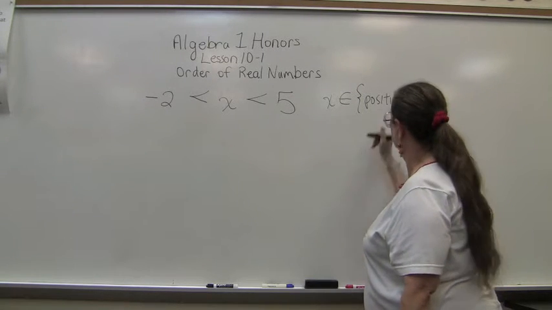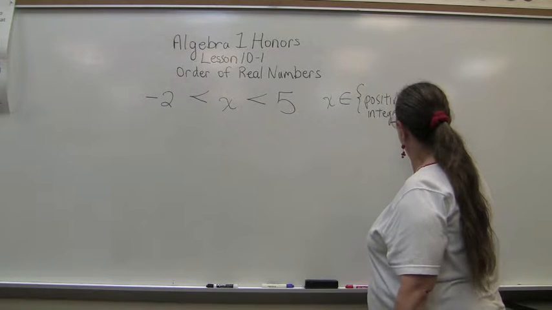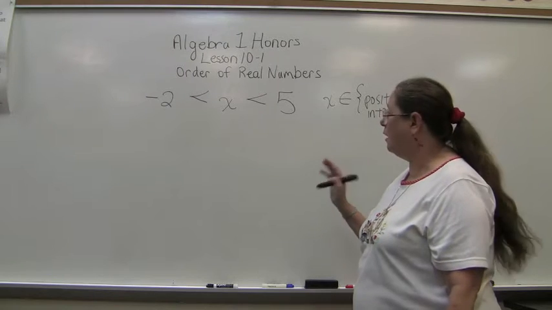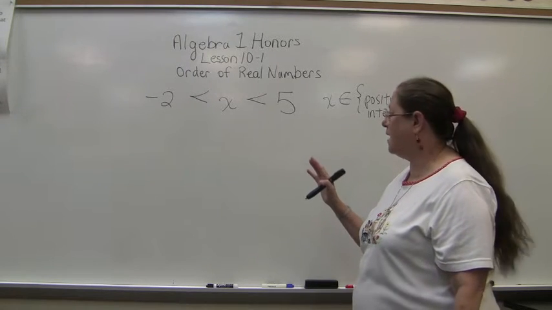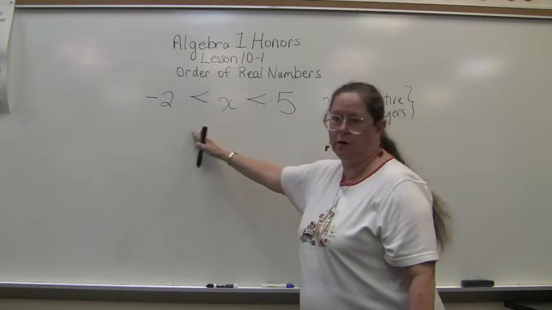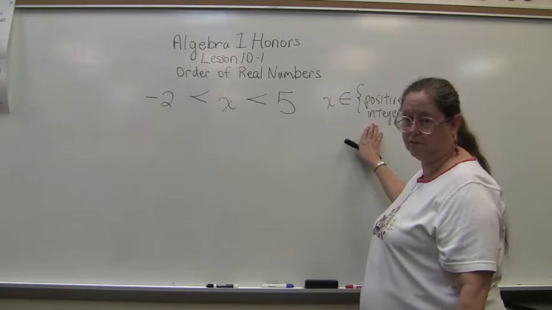Let's even do that. So what that means is that you're looking for all of the positive integers that make this inequality true. So you only have positive integers to pick from.